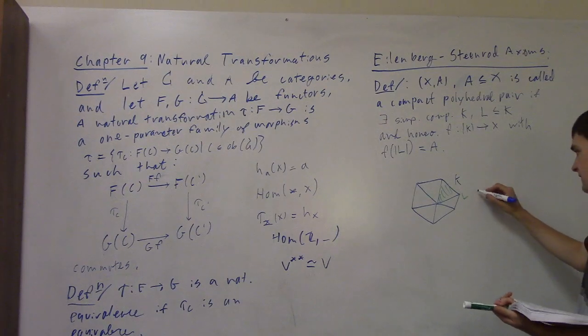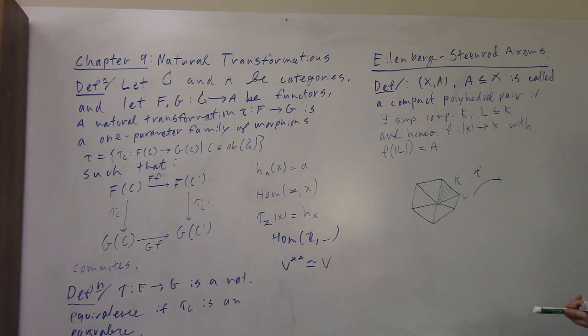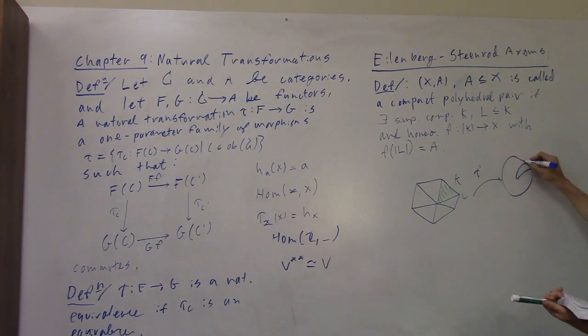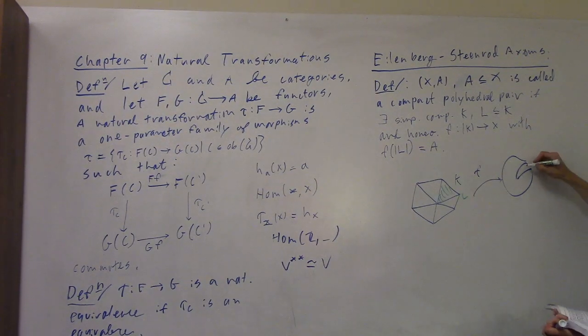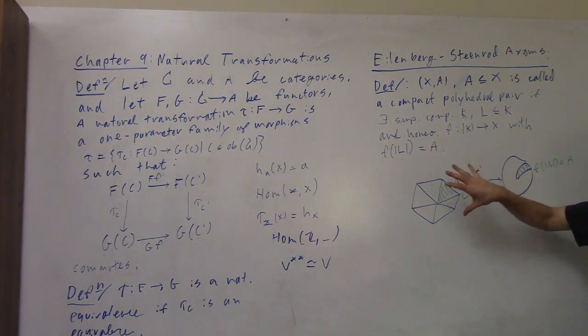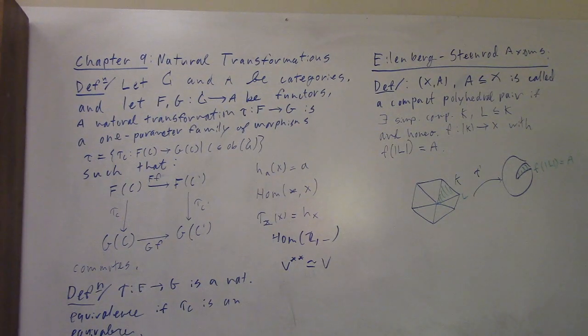Then you've got this homeomorphism F into some other space, and this then is A. I don't know why you can't just skip the fact that this is a subcomplex and just have a complex. I don't know why the structure of the simplicial complex L is sitting in is needed, but apparently it is, so I'm not going to argue with them.